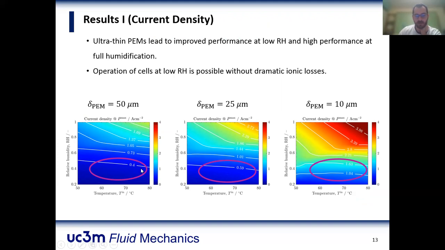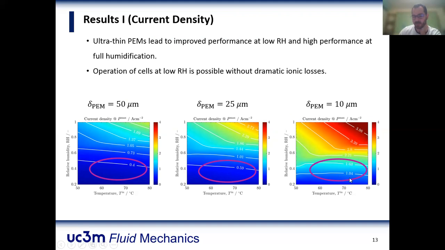What we can see is that we can reach much higher performance as we reduce the thickness of the membrane at fully humidified conditions, at high temperature, but especially when we have good humidification.